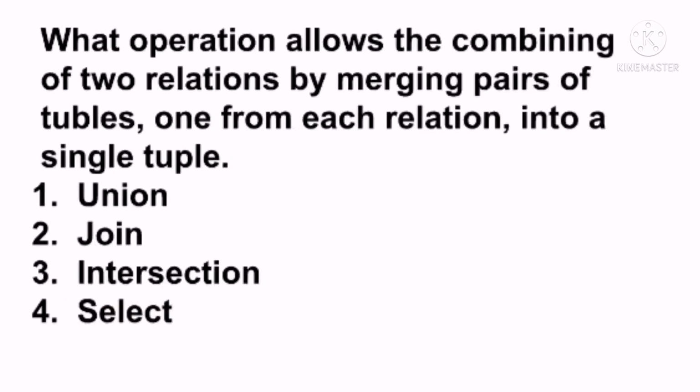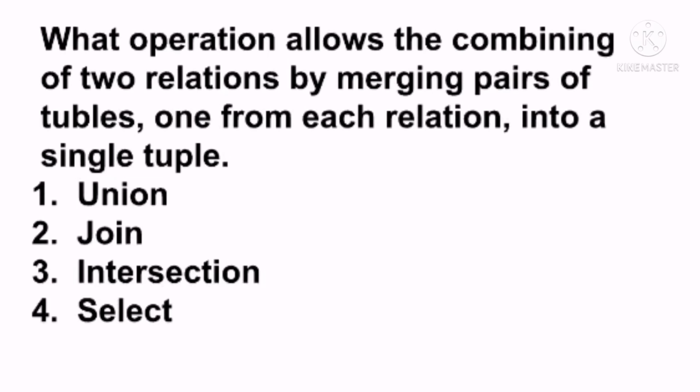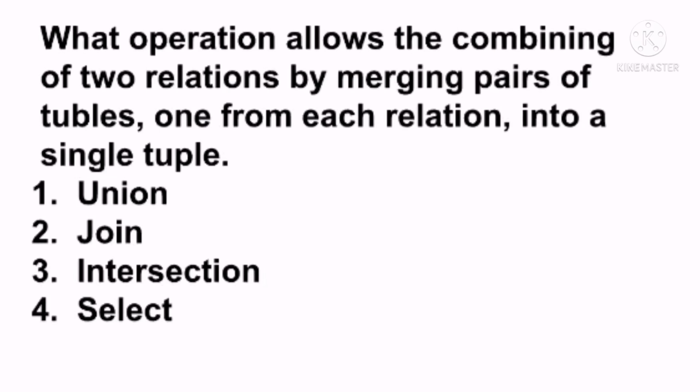Okay. Next, what operation allows the combining of two relations by merging pairs of tuples, one from each relation, into a single tuple? Sorry guys, spelling mistake here. It is tuple.